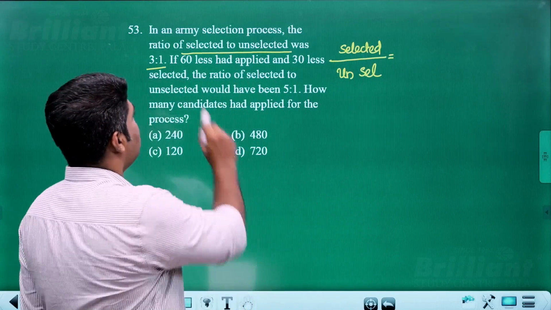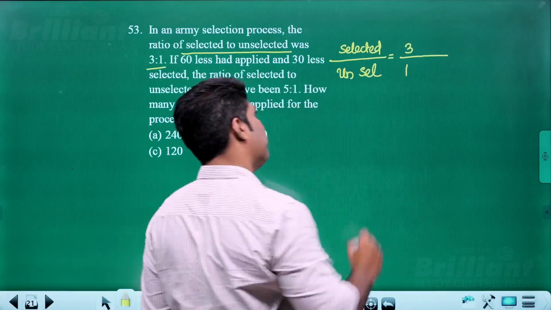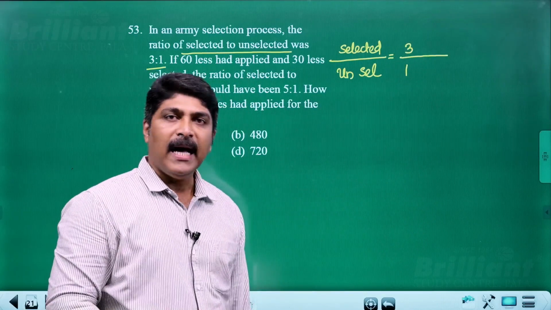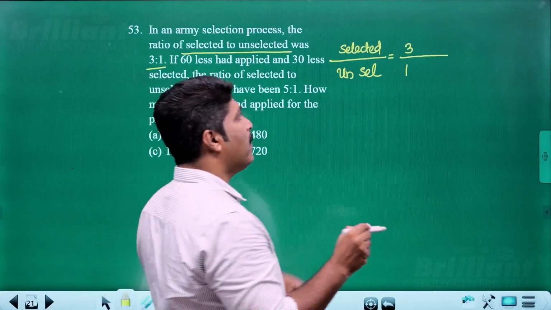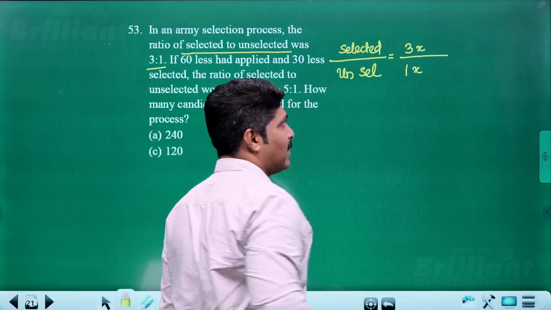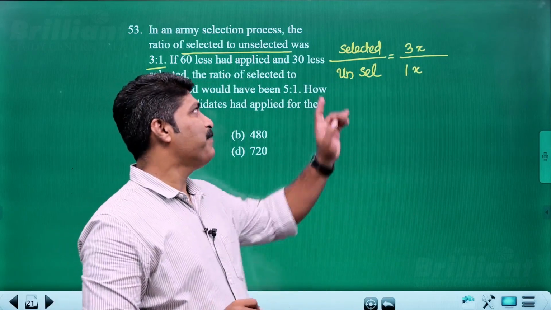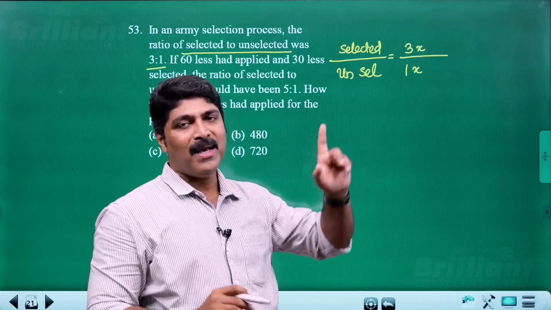So this ratio is 3:1. When we are adding or subtracting something with this kind of ratio value, you have to put the multiplicative factor like 3x and 1x. Understand our assumption: initially the selected number is 3x and the unselected number is 1x.